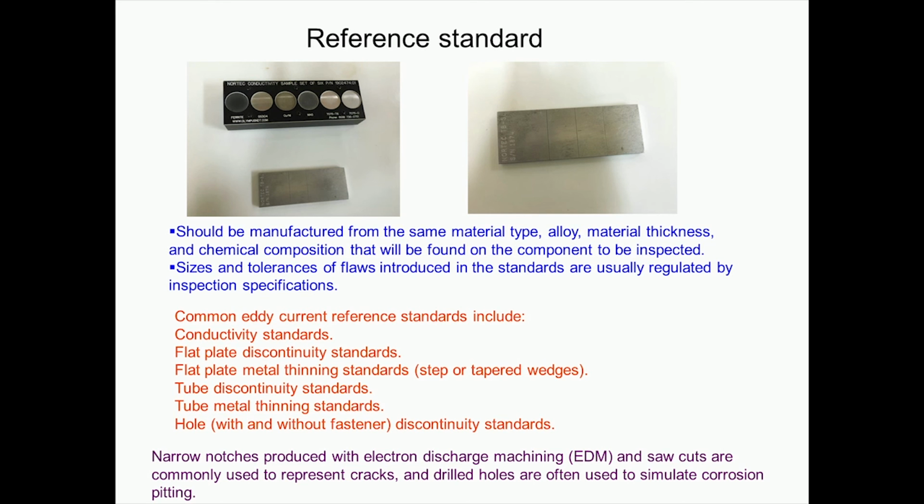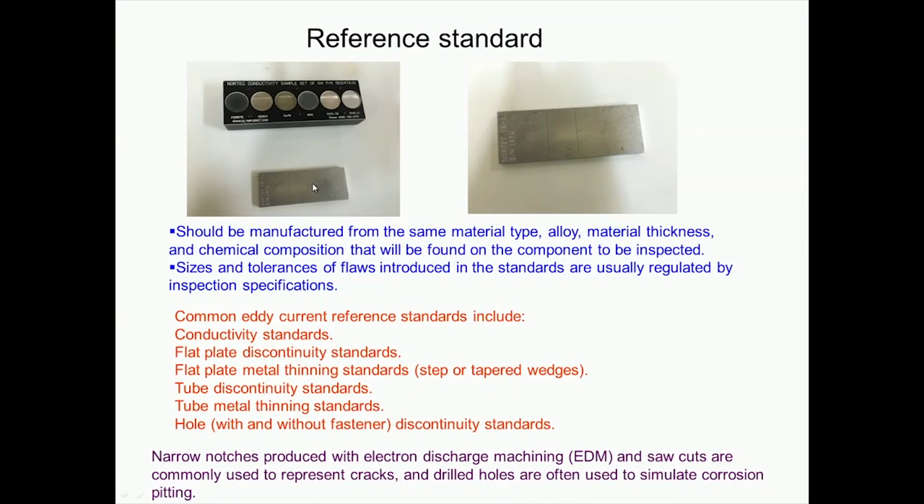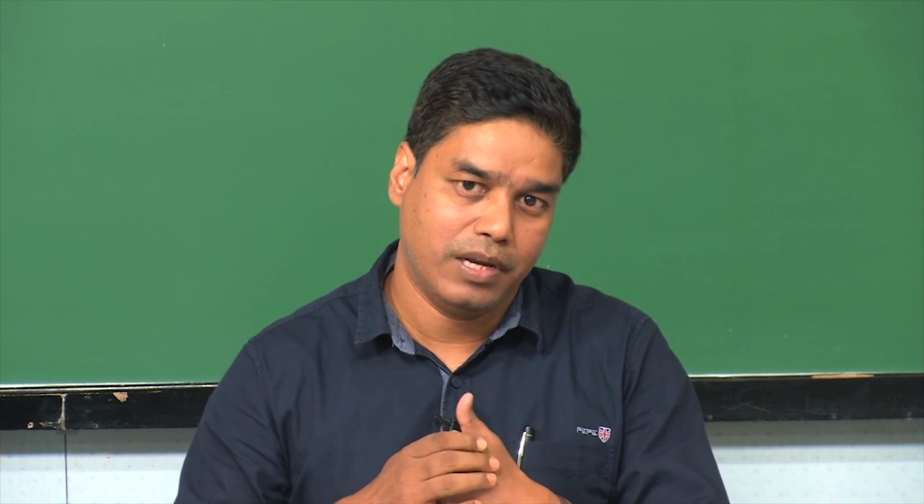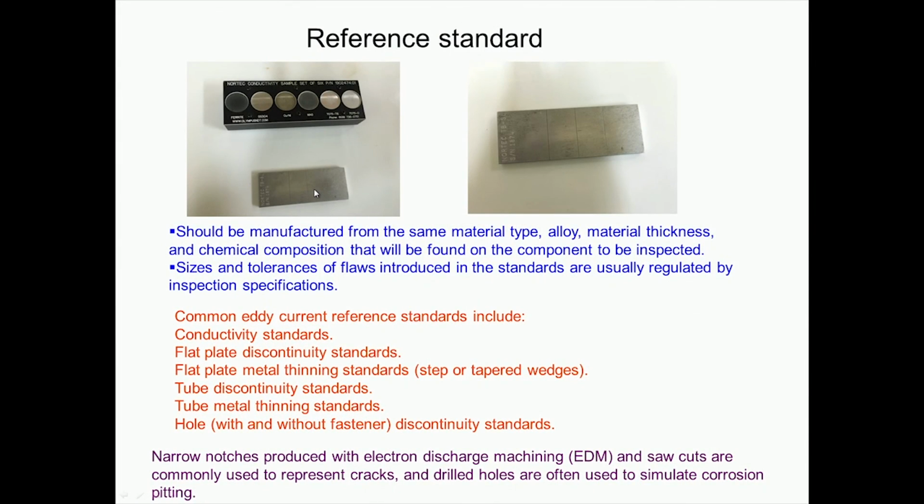So, whenever you use a reference standard like this, okay, you need to make sure that it should be manufactured from the same material as the sample. Okay. So, if you have a sample, for example, which is made of aluminum alloy, then you should also select a reference standard which is made of aluminum alloy.